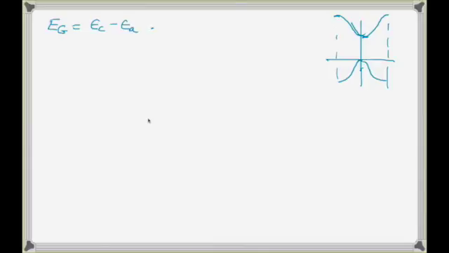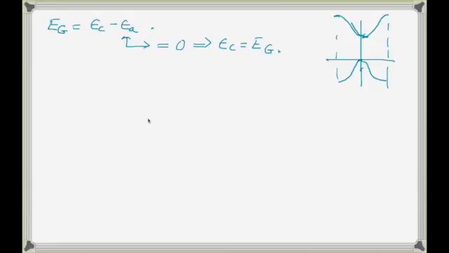Those are your two site energies. So you choose the difference in your site energies to give you the band gap. And often when you're doing these empirical models, you choose your valence band edge, which would be EA, to be equal to 0. So if this is your valence band edge, often in empirical models, you just set that equal to 0. And so then EC is basically your band gap.